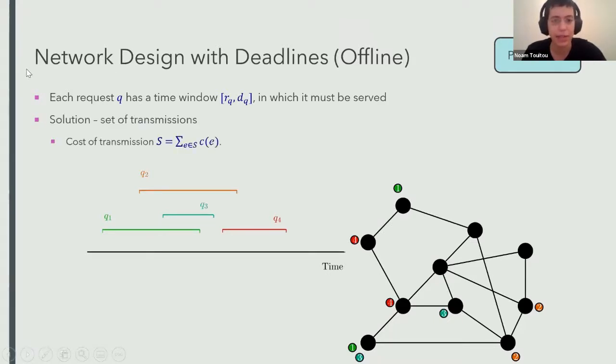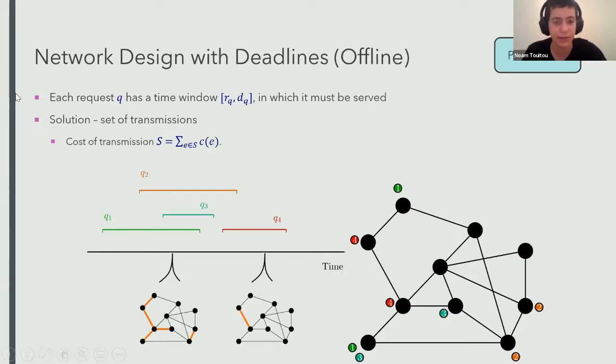A solution is some set of transmissions which occur at various times over this timeline. So here is a solution. It consists of 2 transmissions at 2 points in time. Each transmission has some set of elements. So this set of elements is being transmitted. And the solution is feasible if, for each request, it has within its time window some transmission which serves that request.